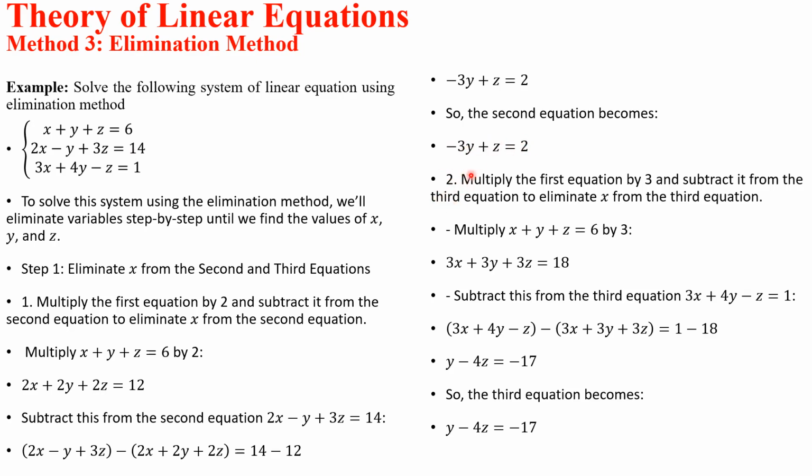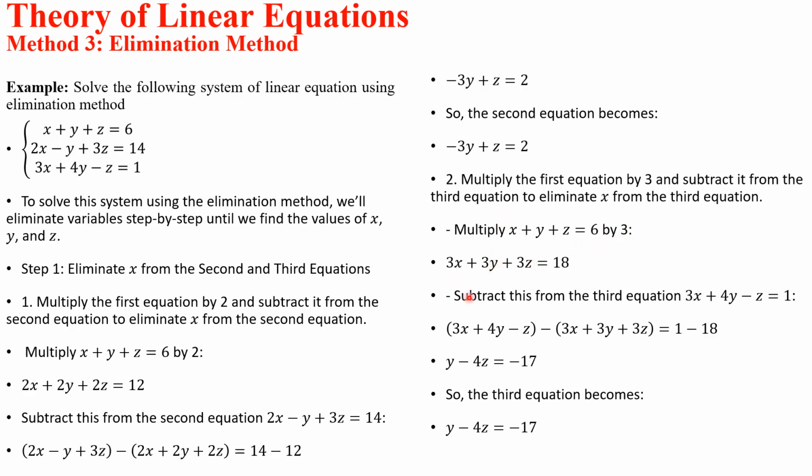Now the next step is to multiply the first equation by 3 and subtract it from the third equation to eliminate x. We want to eliminate x from these two. So we'll multiply this by 3. When we multiply this equation by 3, we have this.